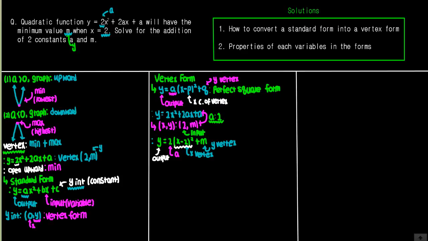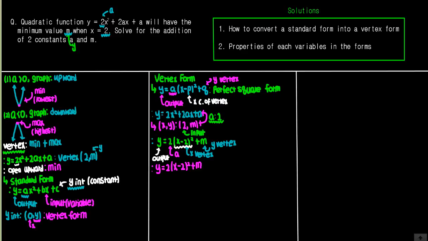The reason is because we know that our original function, y is equal to 2x squared plus 2ax plus a, is in standard form. If we convert this into standard form, we'll be able to compare its terms. So let's write our function down again. Y is equal to 2 times x minus 2 squared plus m.